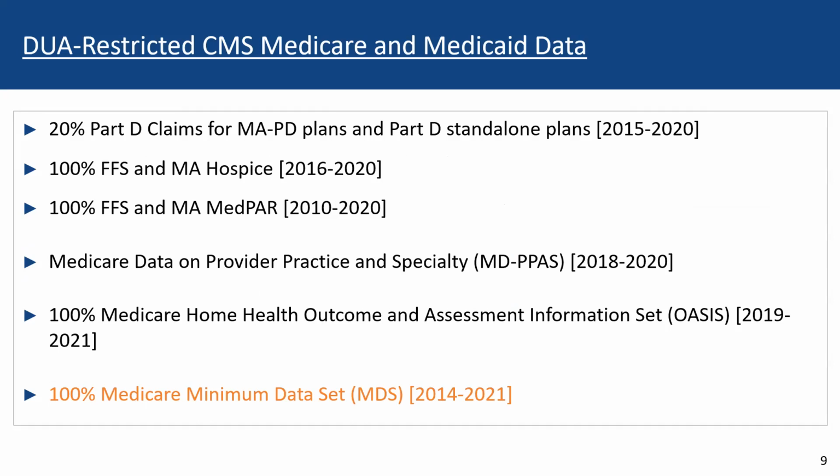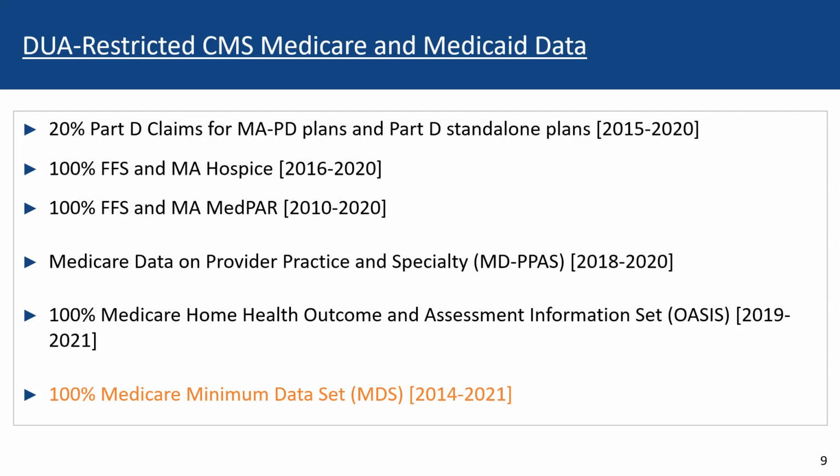We have the hospice services file for everyone in the Medicare program, and we have the MedPAR file for everyone, which contains information on stay level, hospital stays, and nursing home stays. And we also have a physician level file, the MDPPS, which includes every individual provider who bills Medicare, and it includes their specialty information and the locations where they practice.